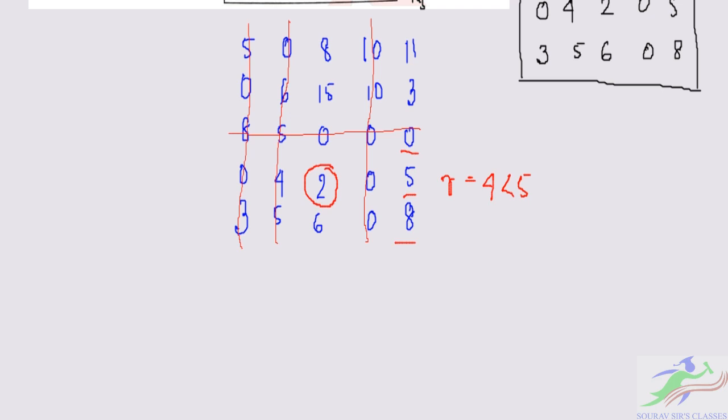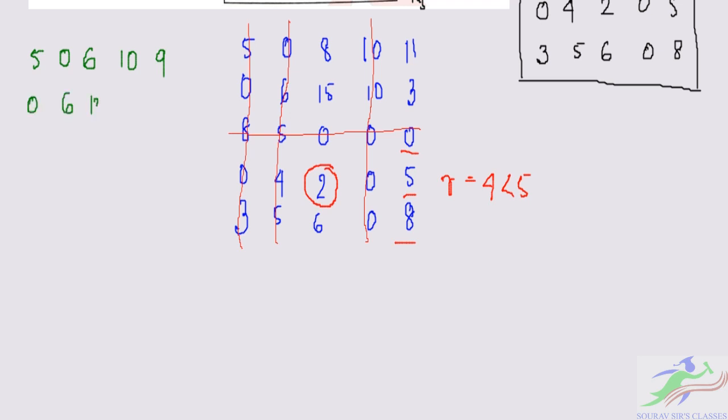So what will the reduced cost matrix be? Here it will be 5, 0, 8 minus 2 is 6, 10, and 11 minus 2 is 9. The next row remains the same: 0, 6, 15 is 13.